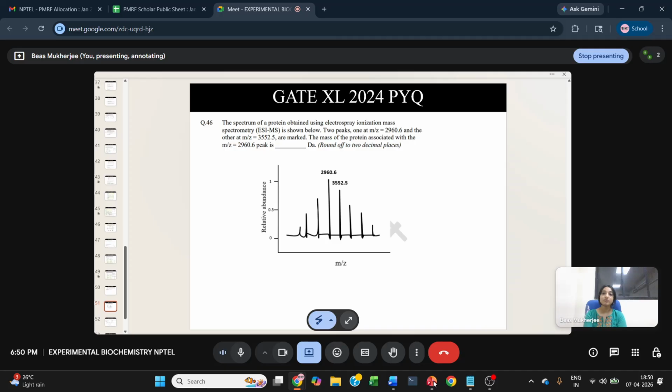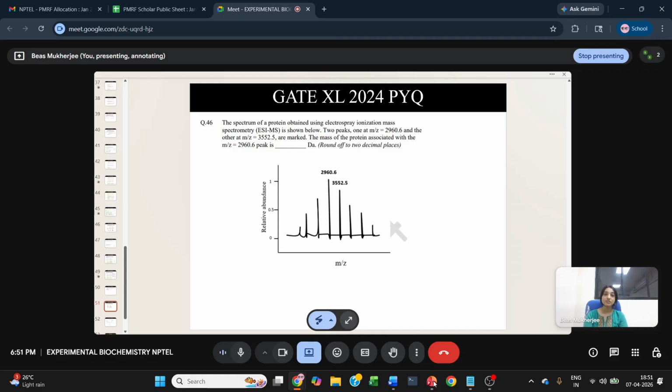Okay, the spectrum of a protein obtained using electrospray ionization mass spectrometry, ESI-MS. This is a question from GATE XL 2024. So there we have covered questions from GATE BT 2023, GATE XL 2025, and GATE XL 2024. Okay, let's look at this one.